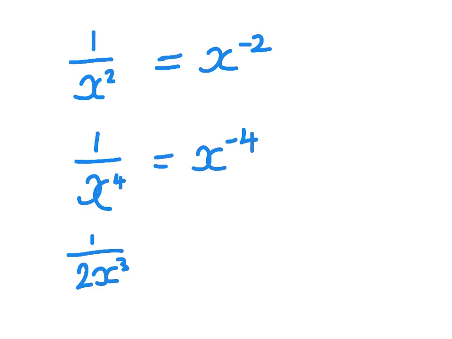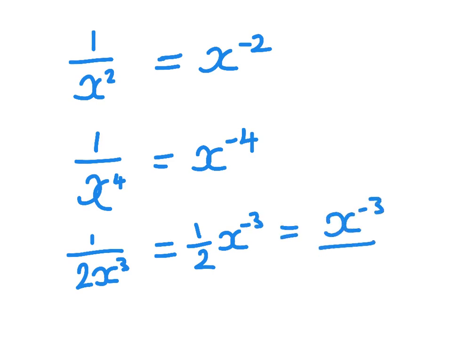Just be careful when there are other numbers involved, because the number's not going to move anywhere. That 2 in this example here is going to stay on the bottom, even although the x cubed is going to come up. So we can say this in 2 ways. It's either 1/2 of x to the power of -3, or it's x to the -3/2.